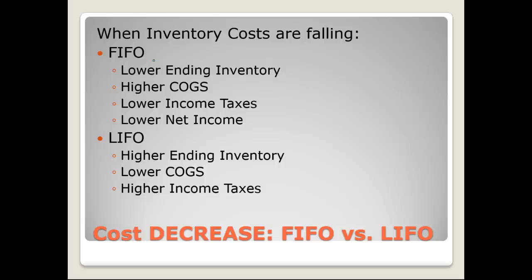If inventory costs are falling, the most recent ones are the cheaper ones, and what we're ending with in our ending inventory were the most expensive ones from the beginning of the period, because costs were falling, meaning at the beginning of the period the inventory was more expensive. Thus, cost of goods sold expense will be lower, and you'll have higher income taxes and higher net income.